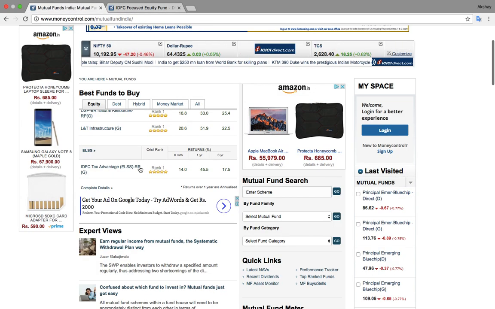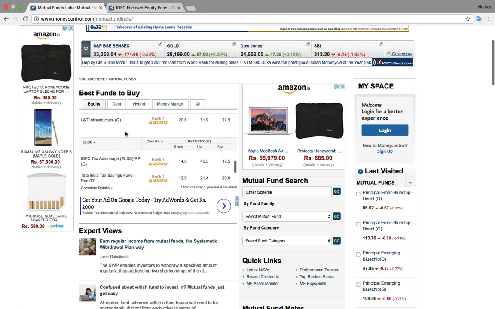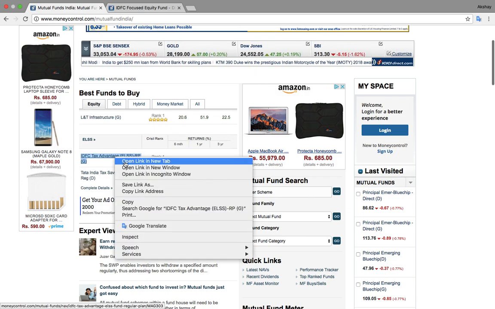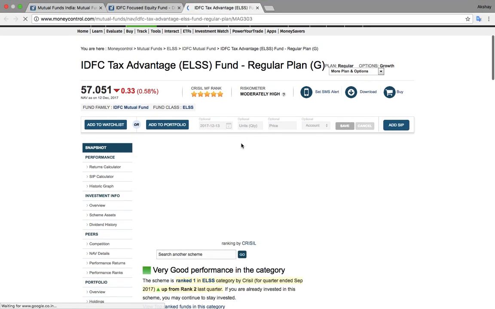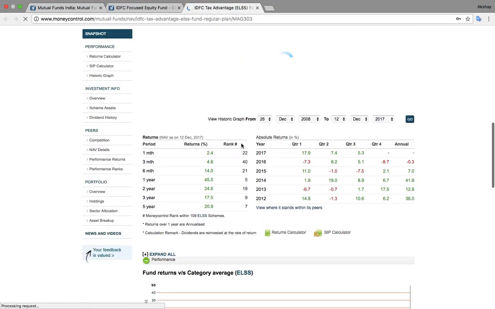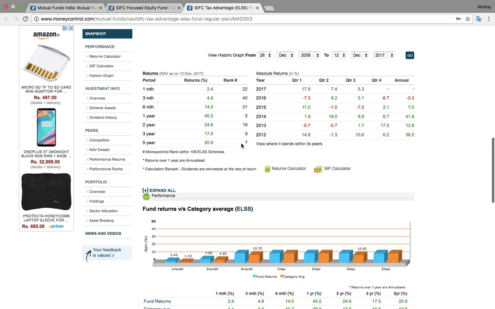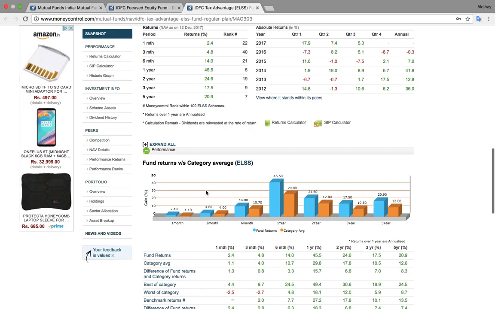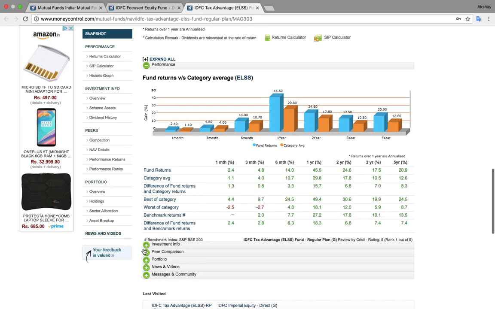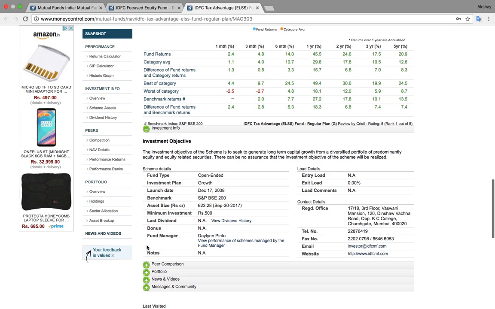I'll show you one example of ELSS also. You can decide on the basis of last 3 year returns, last 5 year returns, and you can decide in which plan you should invest. See, investment info.